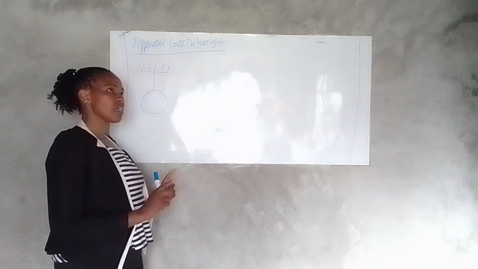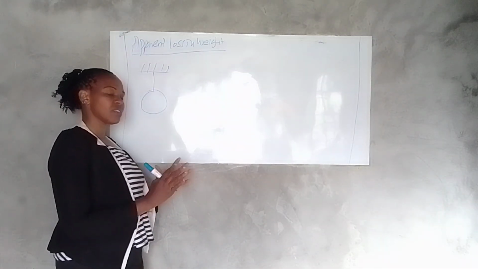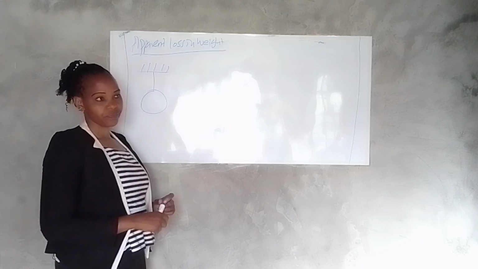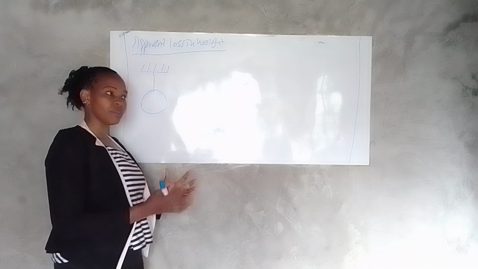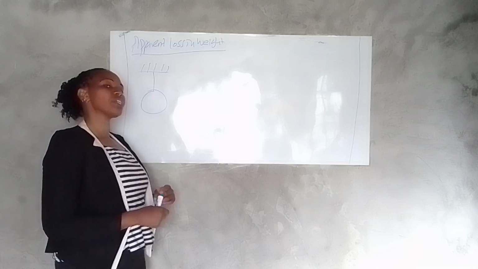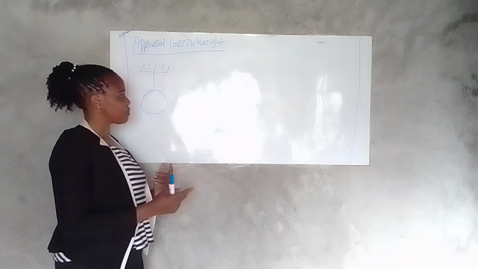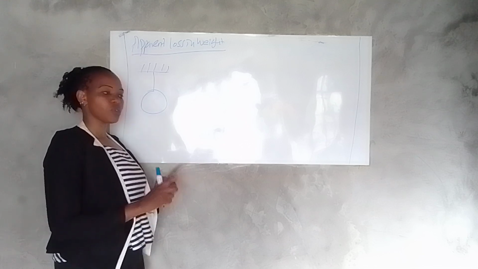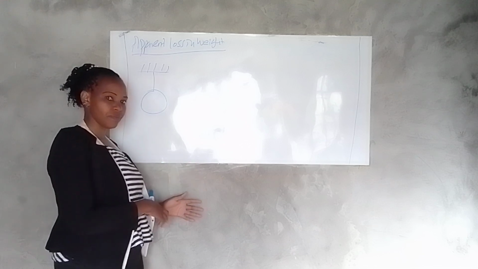So we are going to take the weight when an object is hanging in air to be the true weight of that object, because the upthrust due to air is very small, as air has very low density.